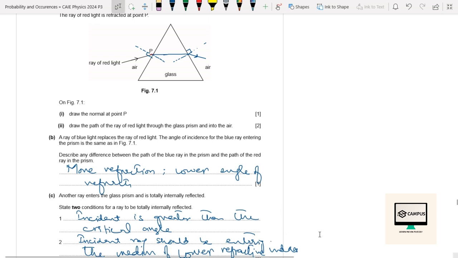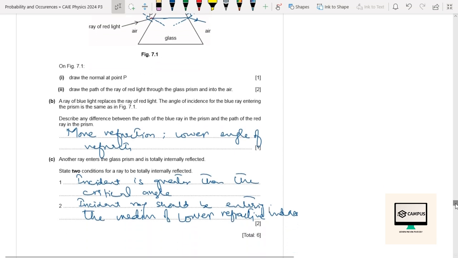That means that, for example, the ray of light should be entering from glass into the air or any other combination of refractive indices. For example, if the ray of light is entering from air into the glass, you cannot have total internal reflection. Both of these conditions should be met in order to observe total internal reflection.